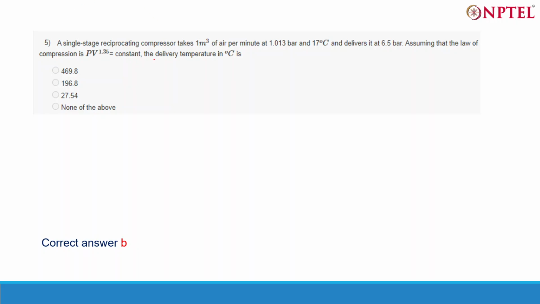Now this question: a single stage reciprocator takes 1 meter cube of air per minute at this pressure and temperature to deliver at 6.5 bar. Assuming the law of compression, find the delivery temperature in degrees Celsius. Solve this question and let me see if you get the correct answer.